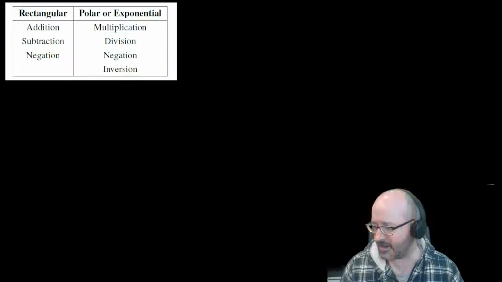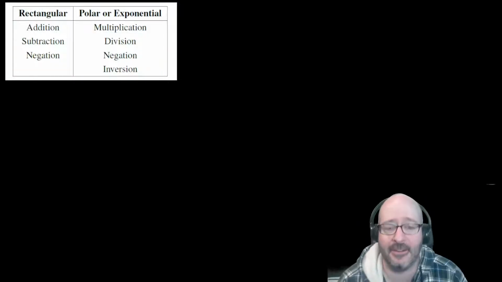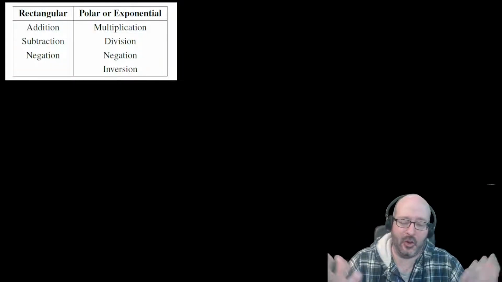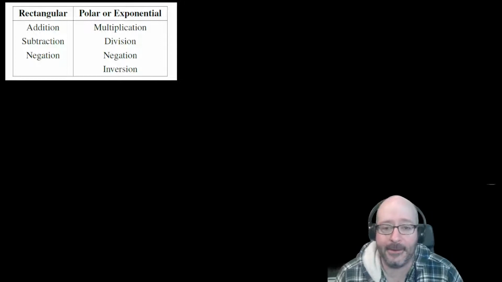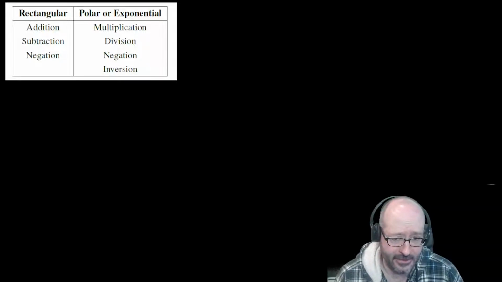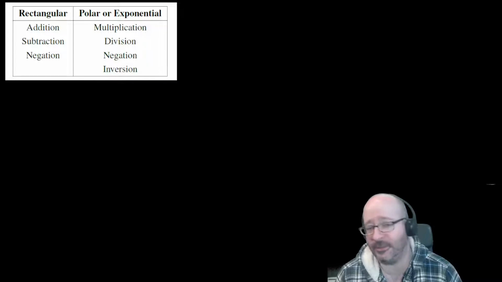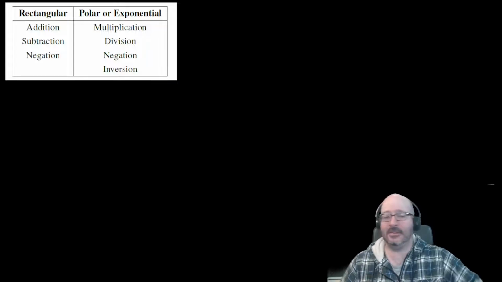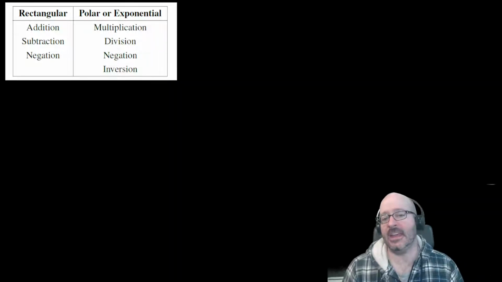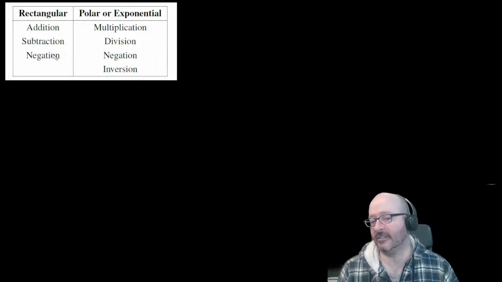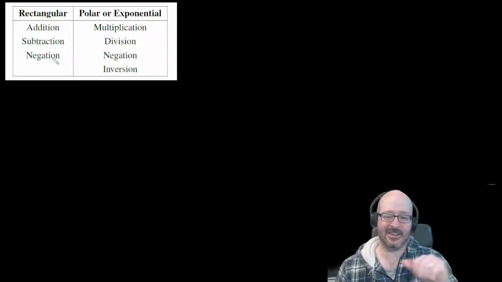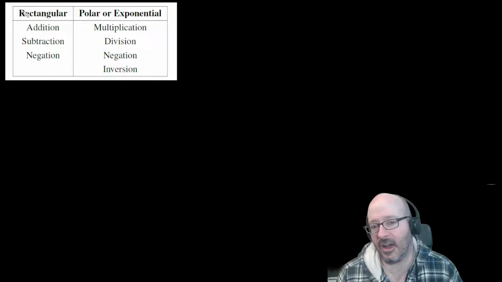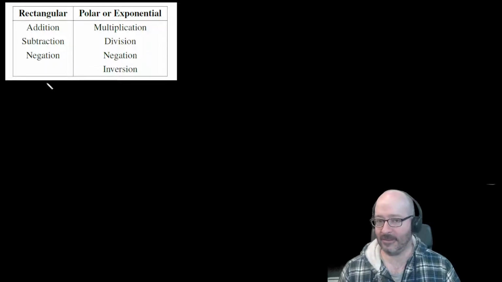if you're stuck on a desert island and you're having to work with complex numbers, I don't know why you would do that, but it's going to be easier to do some operations in some forms and some operations in others. So if I'm adding or subtracting, and then negation, just taking the negative of the number, I can do that in rectangular pretty easily.